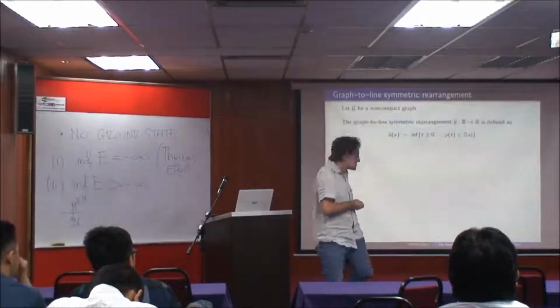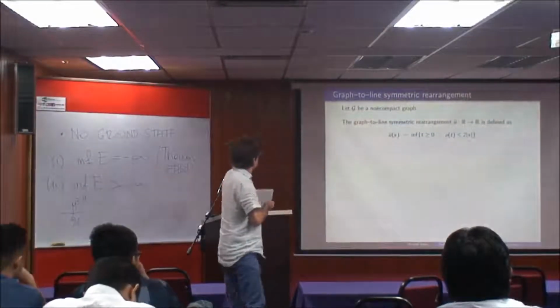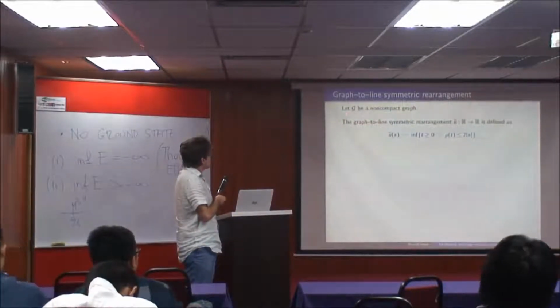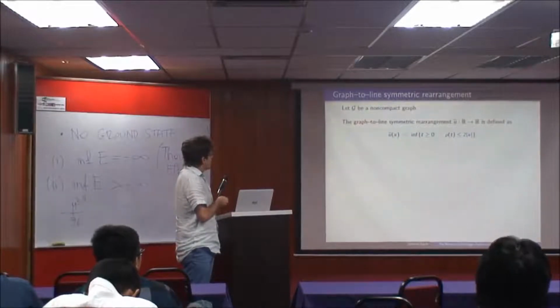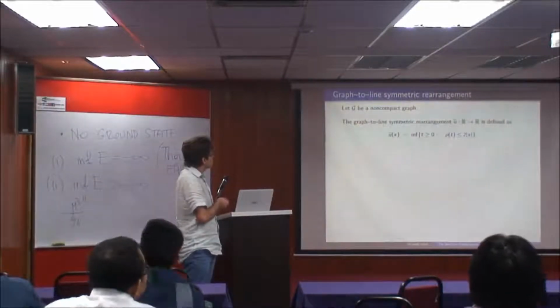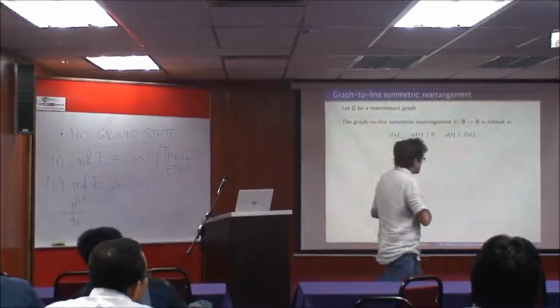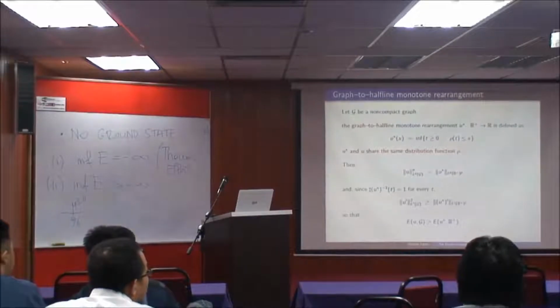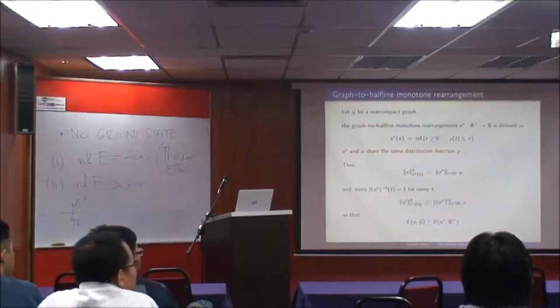Okay? Second, there is another rearrangement that goes from the graph to the line, and it is a symmetric rearrangement. Its rigorous definition is written here, but you can understand it in this way.